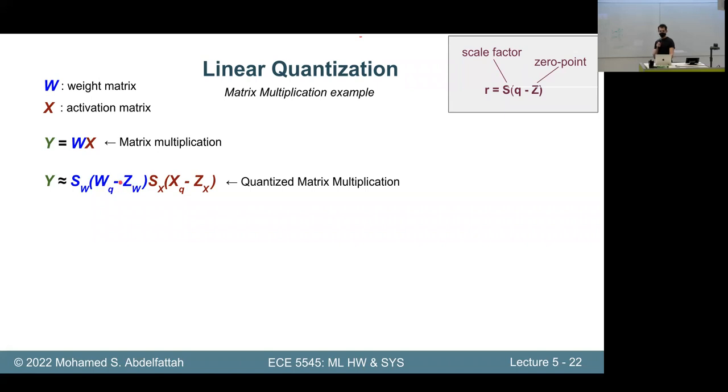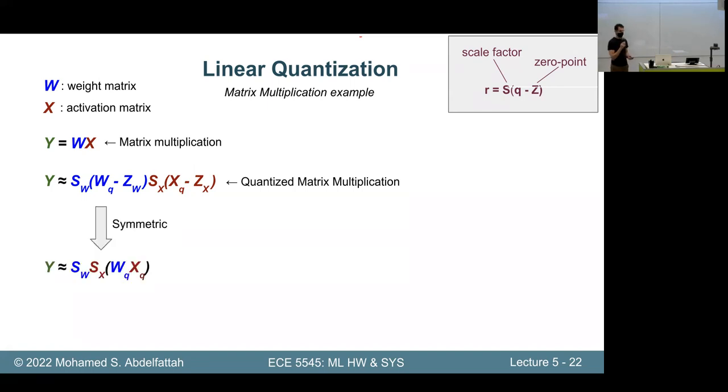And I have a 0 point for W, right? The same is true for the activations. So I computed a scale factor and the 0 point, and I quantized my X tensor. Does that make sense? So now that's quantized matrix multiplication. Makes sense? Yes. Okay.